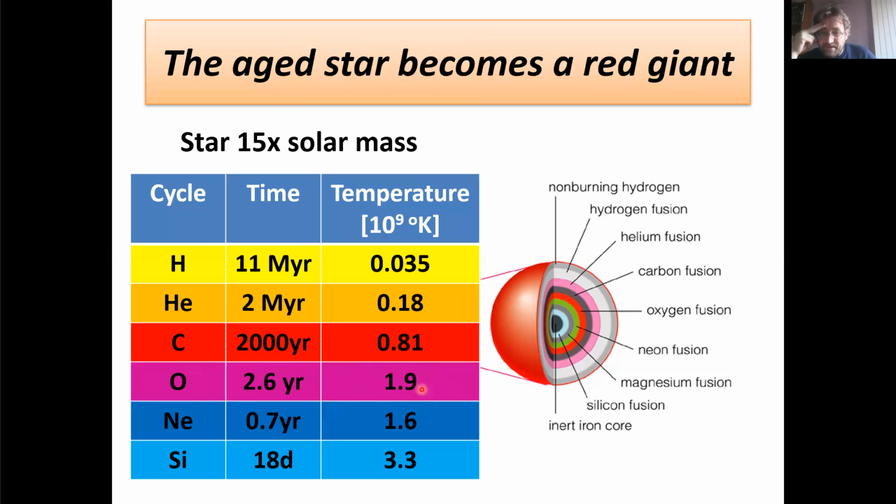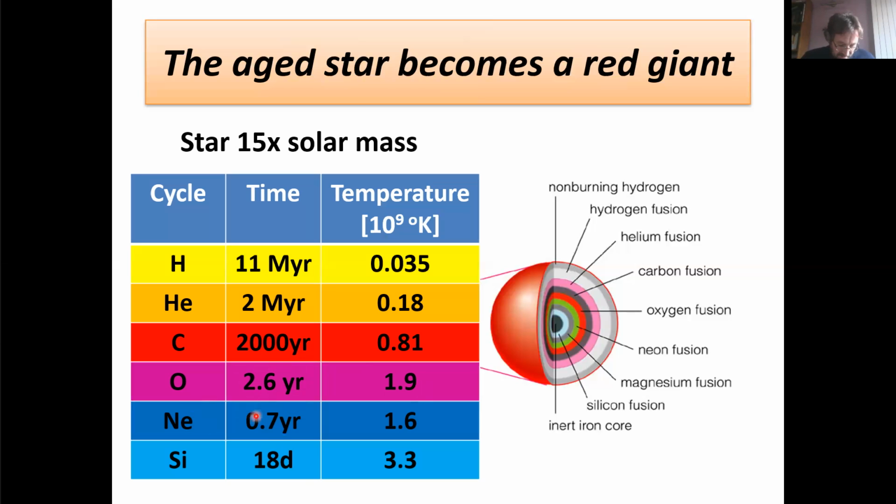Then the contraction is quite large. We get 1.9 billion degrees in the center of the star. And this is sufficient in relatively short time, a couple of years, to burn onto neon.